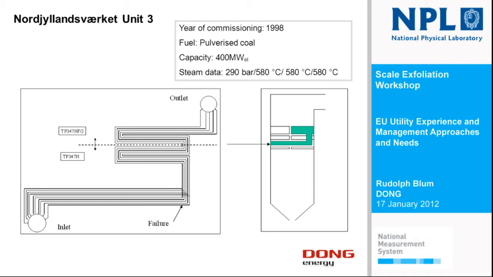This particular superheater section, that's superheater section number 1, the first stage, should originally have been fully made of fine-grained 347.